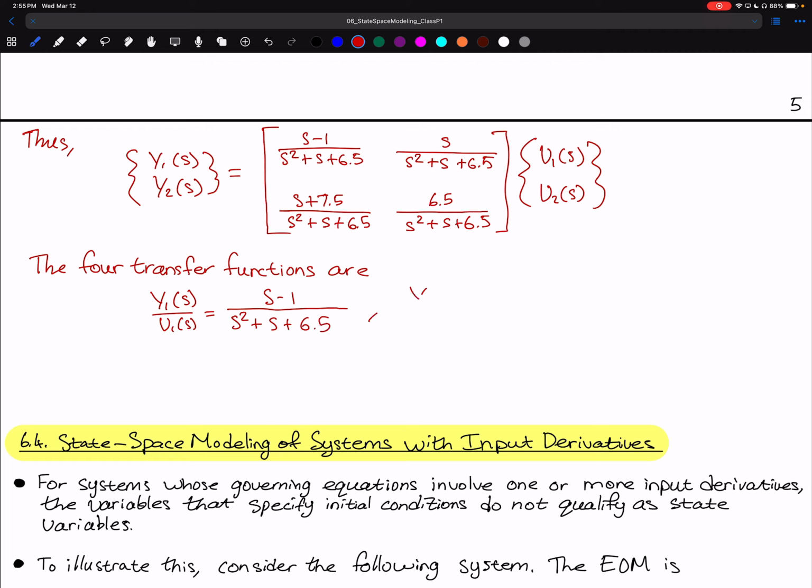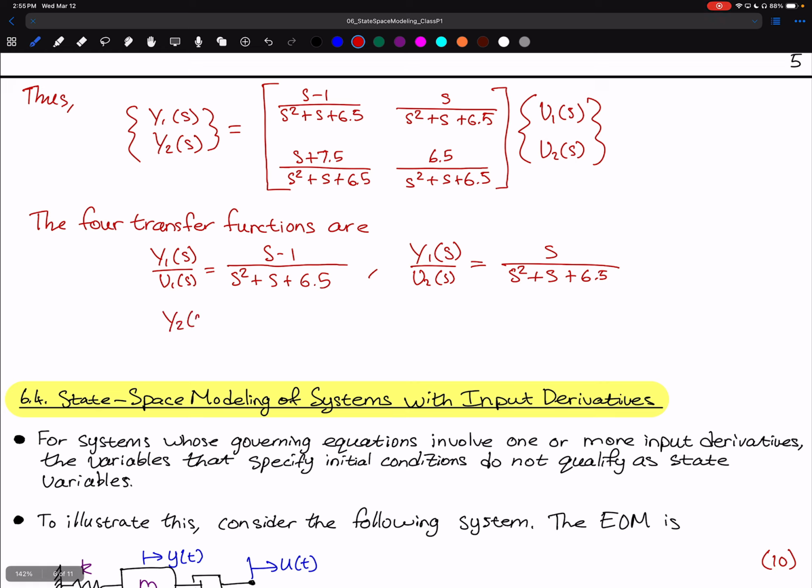And then y1 of s over u2 of s is equal to s divided by s squared plus s plus 6.5.